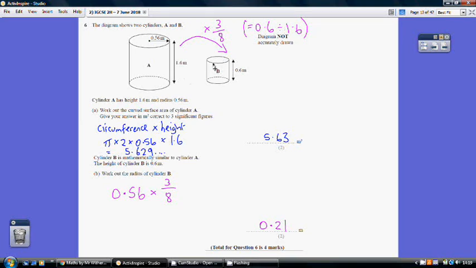So all the lengths in shape B are going to be 3/8 of the equivalent length in shape A. So the radius of cylinder B is going to be 0.56, the radius of cylinder A, multiplied by 3/8, giving me 0.21 meters.